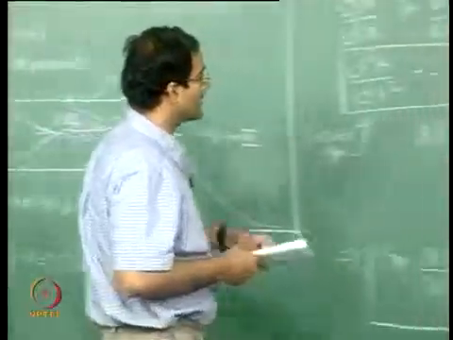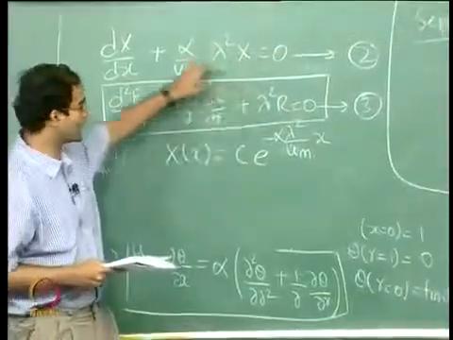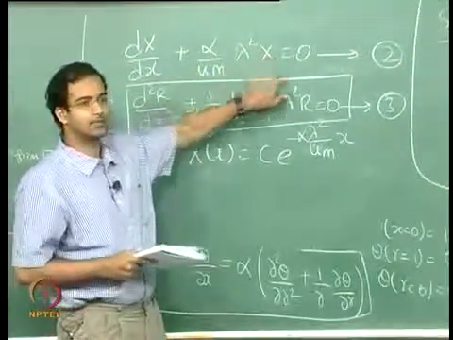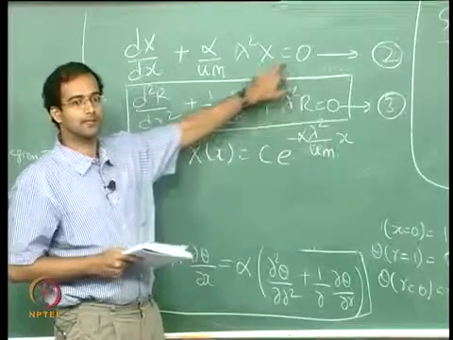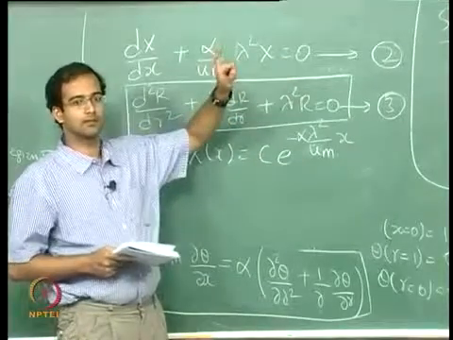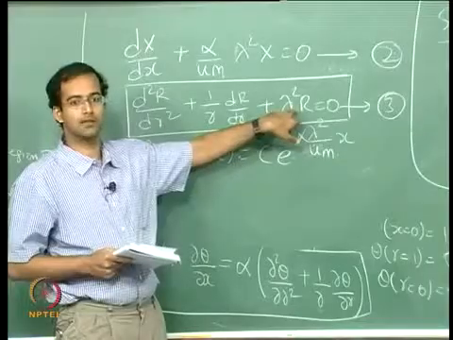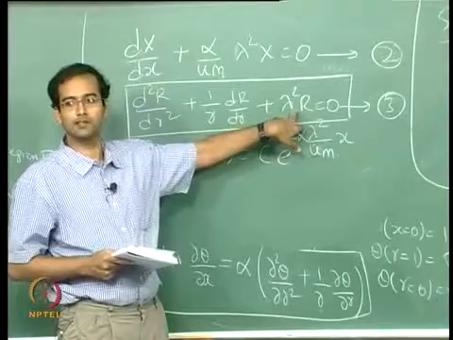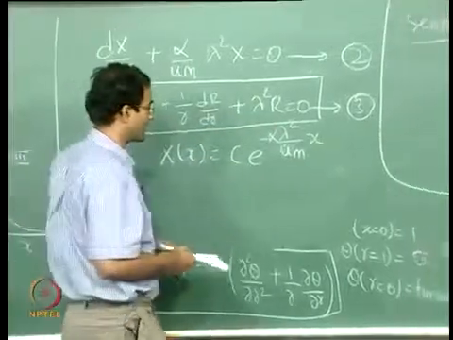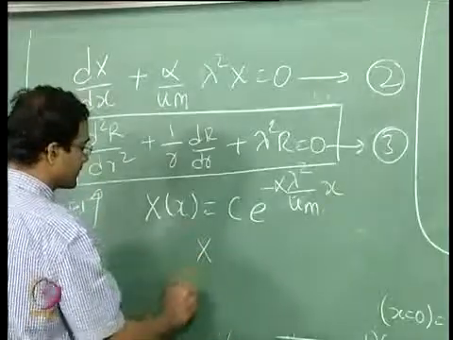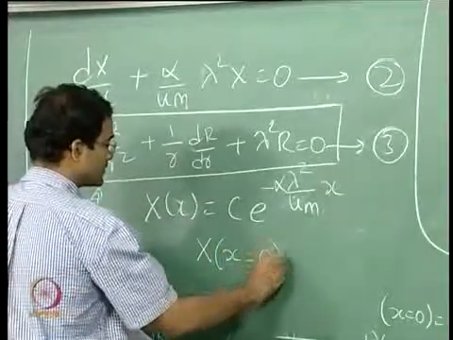And what are the boundary conditions to solve this? How many boundary conditions do you need for this? For X, 1. This is a first order. Now this is a second order ODE. You need 2 boundary conditions for R. So what is the boundary condition for X? X at x equal to 0 should be.